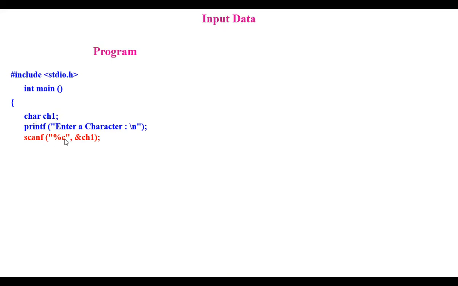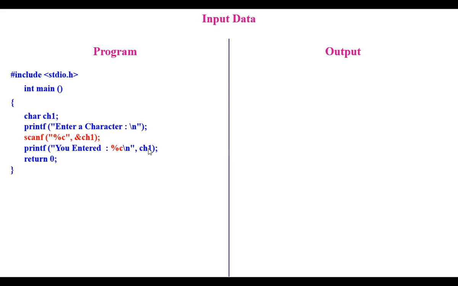So %c, ampersand ch1: the name of this variable is given with the ampersand symbol. Next, display it. In printf, you entered this value, and ch1 is to be displayed here, right? Now, if you run the program, it asks to enter a character first.